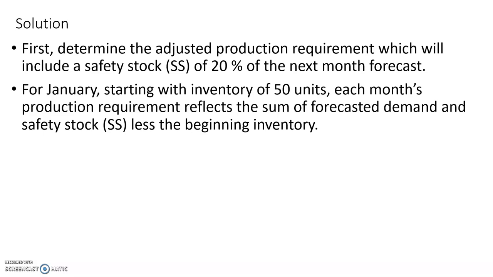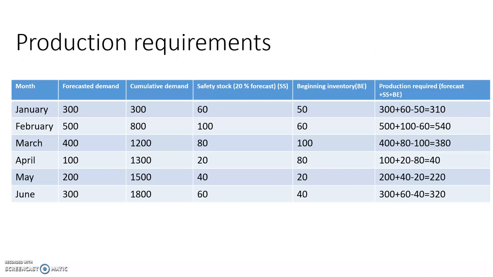So subsequently, each month's production requirement will reflect the sum of the forecasted demand plus the safety stock minus the beginning inventory, which is 20% of the forecast of the previous month. So here is the production requirements calculated.